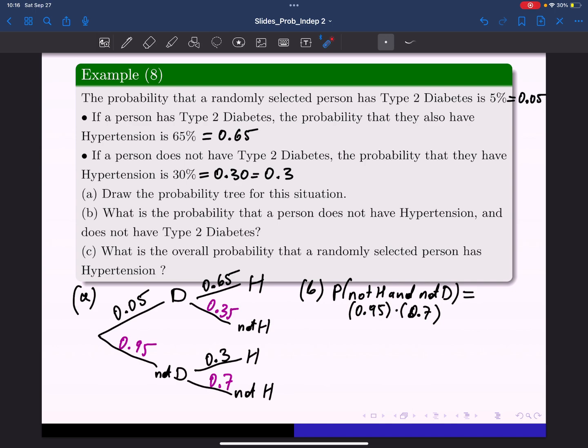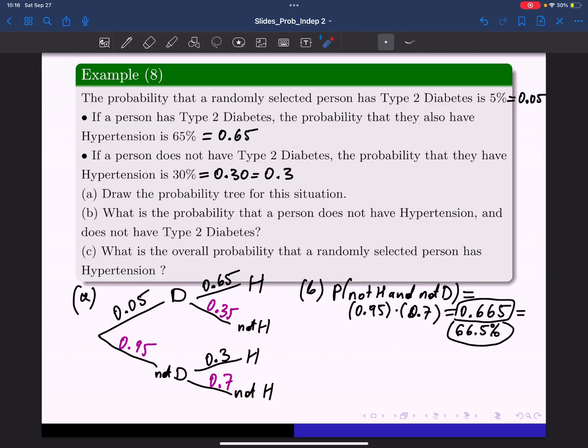So we simply multiply not H and not D. 0.95 times 0.7, and that gives me 0.665. Or in percentage it would be 66.5%. So in decimal or in percentage we can have those.